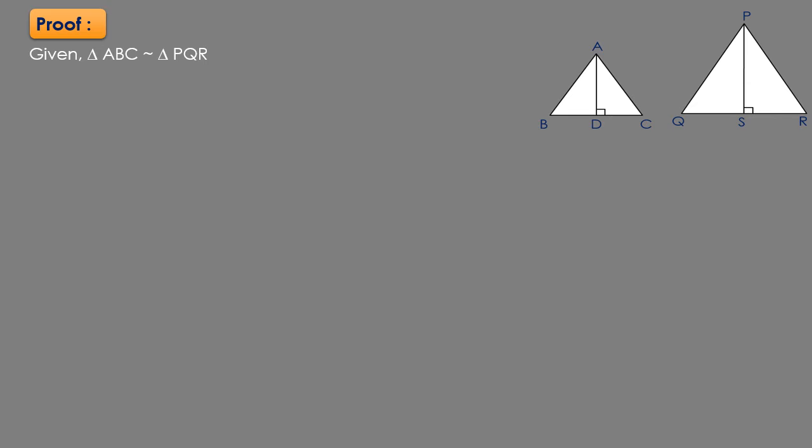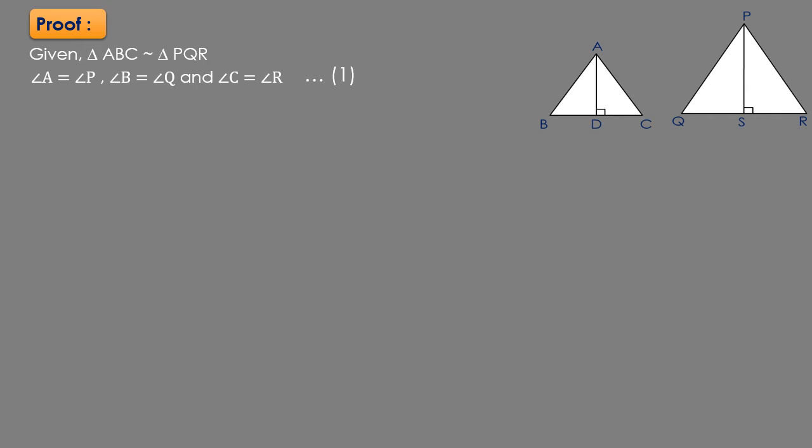We know that if two triangles are similar, then all the corresponding angles are equal and all the corresponding sides are in a proportion. So we can write angle A is equal to angle P, angle B is equal to angle Q, and angle C is equal to angle R, because they are corresponding angles of the similar triangles. Let us consider this as equation number 1.